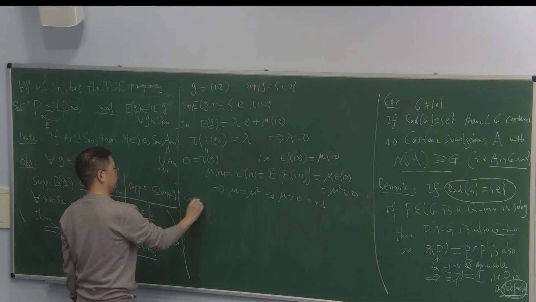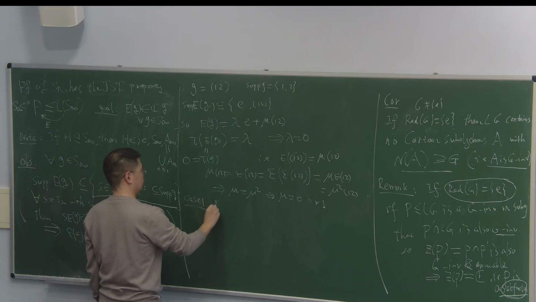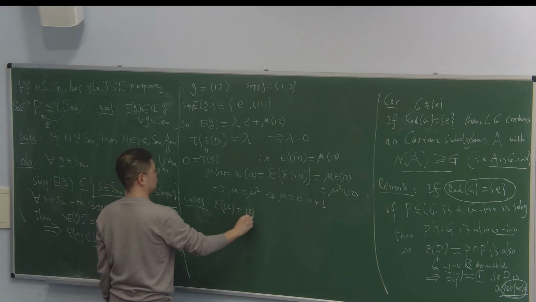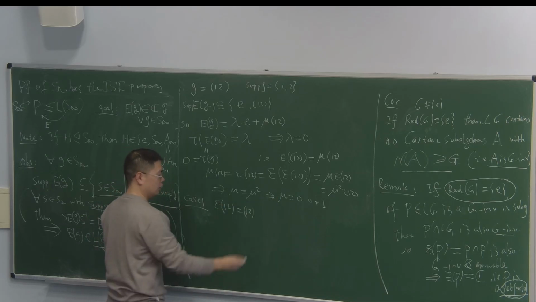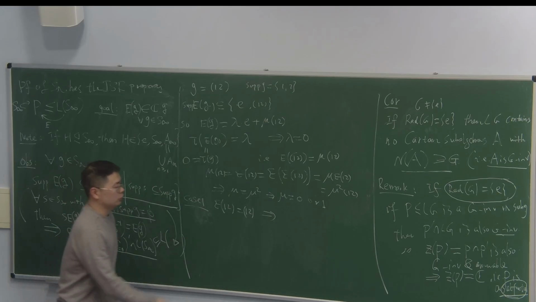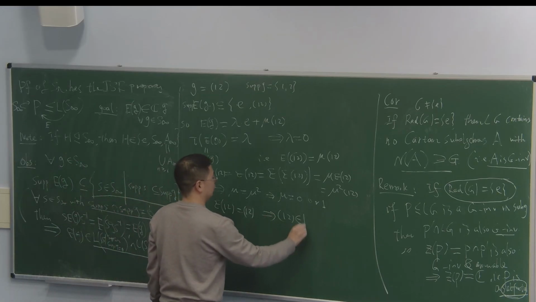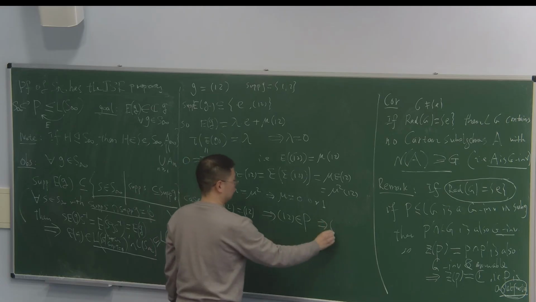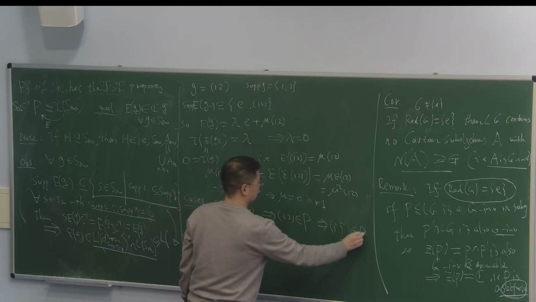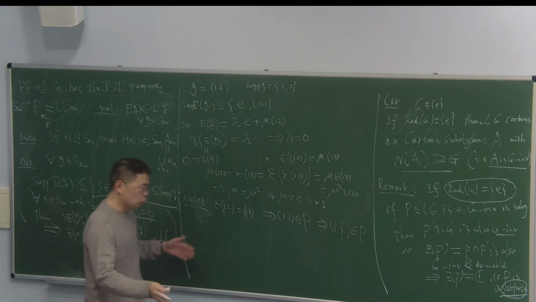So case 1: if E of (1 2) is (1 2), which corresponds to mu equals 1, then this means (1 2) lies in P. But now by conjugation, all transpositions lie in P, and these generate the whole group.